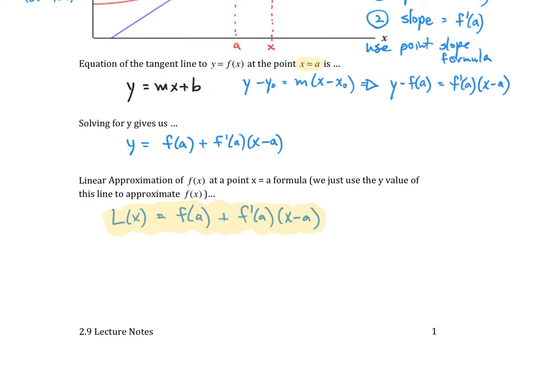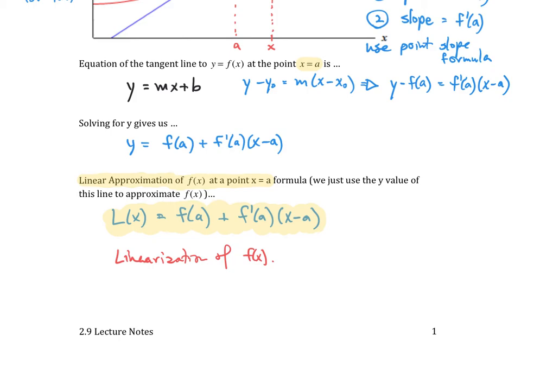And this formula is called the linear approximation of f at x equal to a. And as I had said earlier, we also call this the linearization of f of x. All right. So I want to make a point.